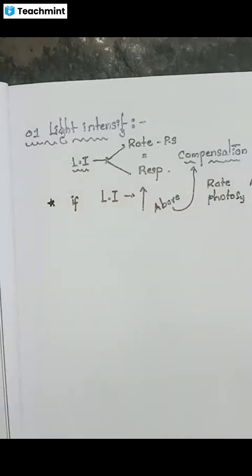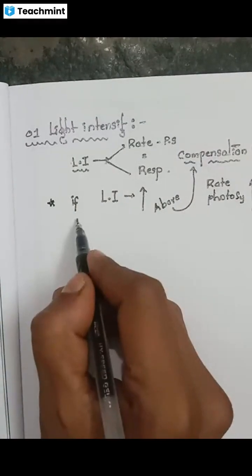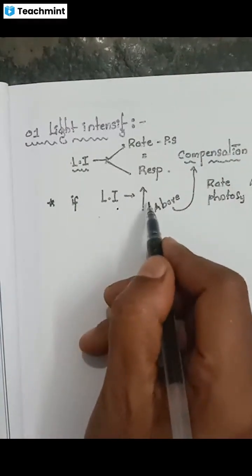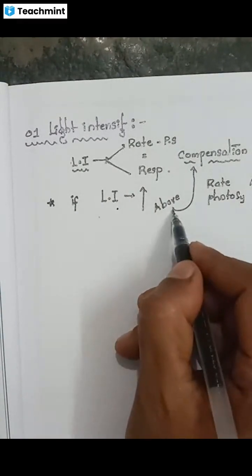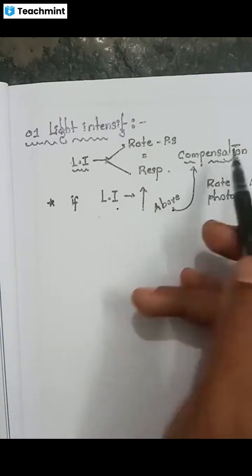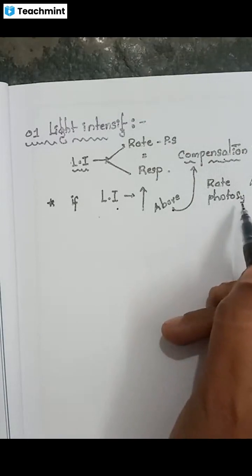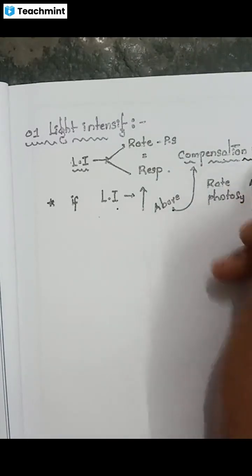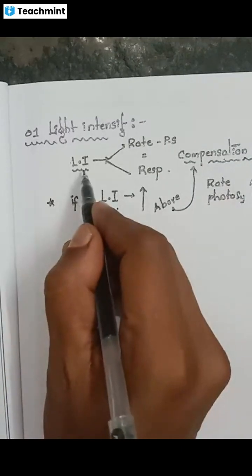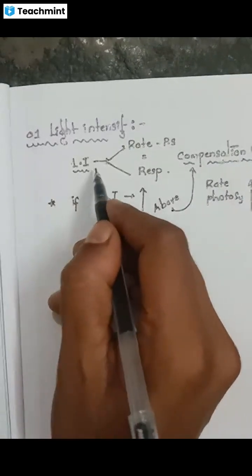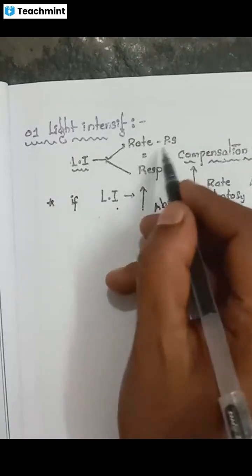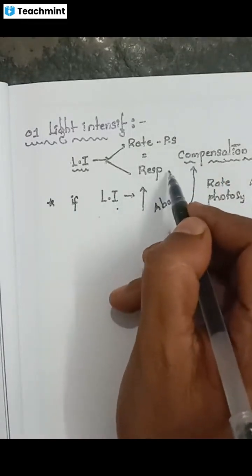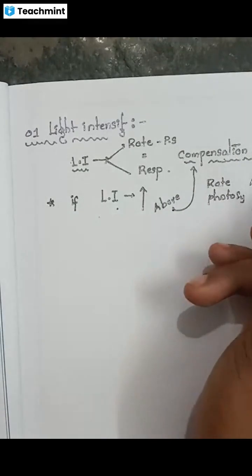So, what is the compensation point? The light intensity at which the rate of photosynthesis is equal to the rate of respiration is known as the compensation point.